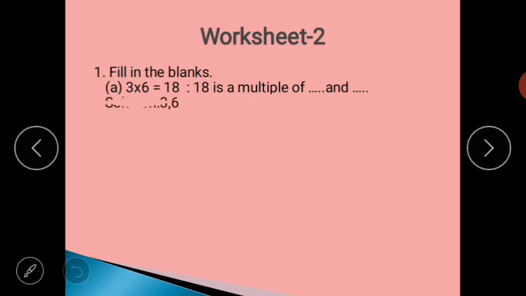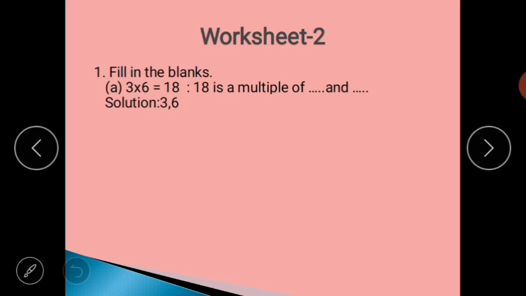If you observe, then you can see that 3 multiplied by 6 is equal to 18. So 18 is a multiple of 3. Again we can say that 6 is multiplied by 3 and the product is equal to 18. 6 3s are 18.